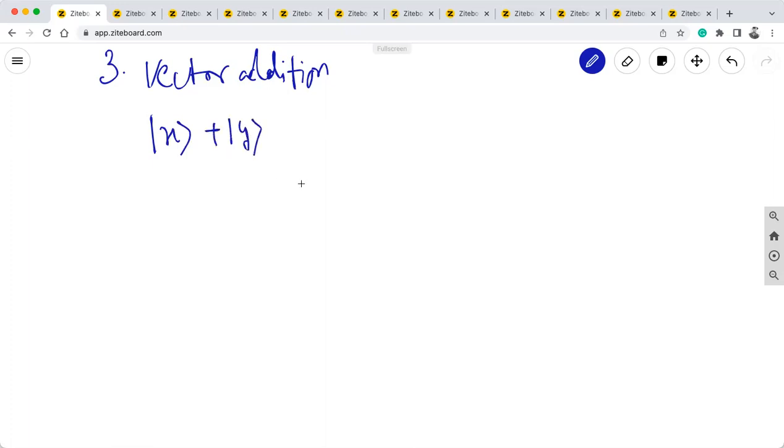This is their vector addition, and these two elements, ket x and ket y, belong to the set capital V. This operation is known as the vector addition operation, and the result should also belong to the set capital V. So if I take two elements ket x and ket y from V, their addition should also be an element of V.